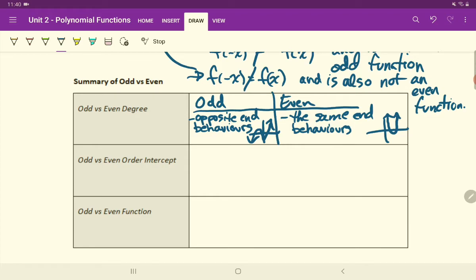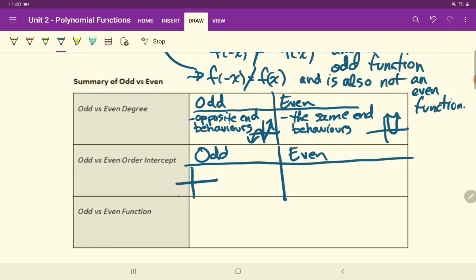Okay, what about odd versus even order intercept? Let's look at this. Just like we did above, let's go odd versus even. If we have something that goes right through the x-axis like this, it's considered an odd order x-intercept.